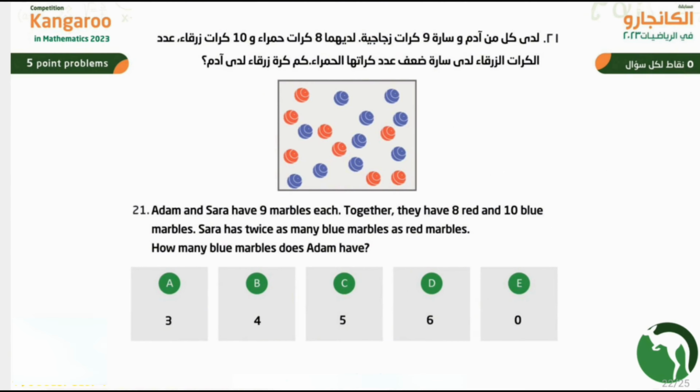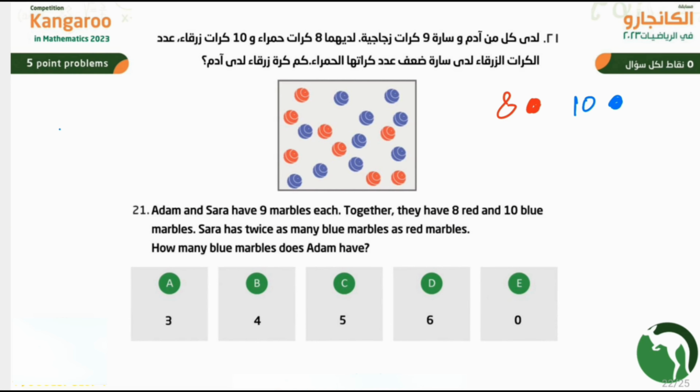Now in question number 21, Adam and Sarah have 9 marbles each. Together they have 8 red and 10 blue marbles. Sarah has twice as many blue marbles as red marbles. How many blue marbles does Adam have? Okay, so we have 10 blue and 8 red.